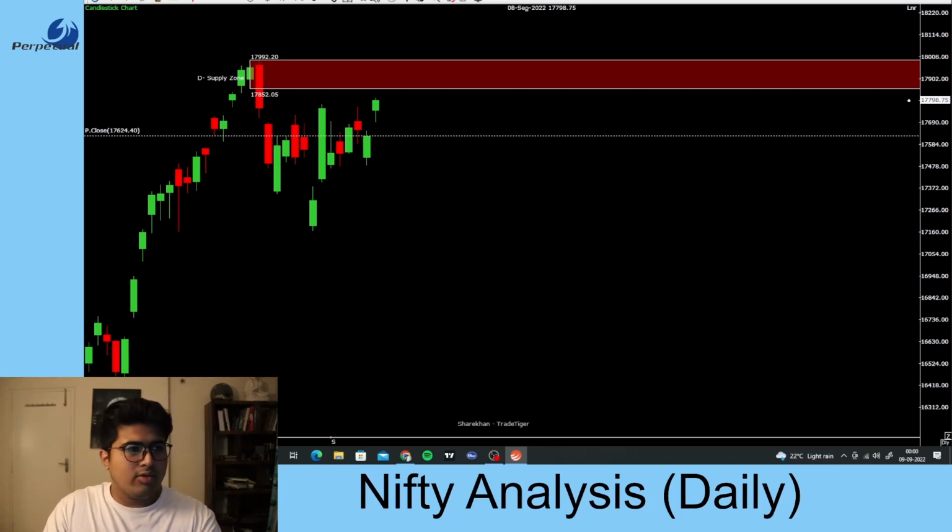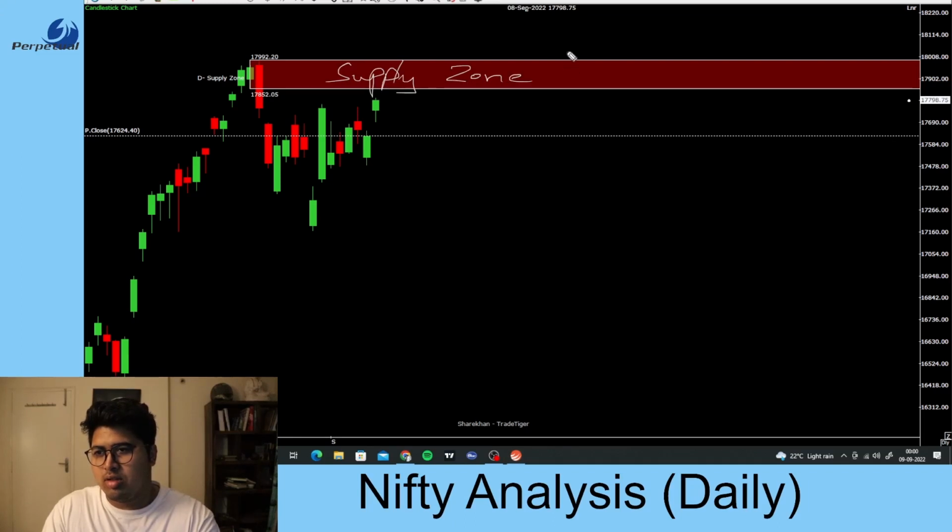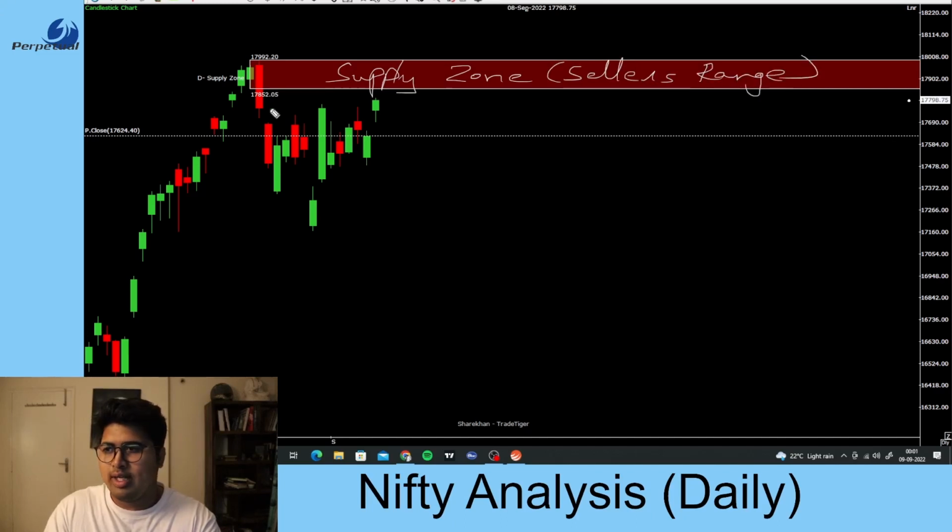So what kind of a zone is this, you might ask? This is a supply zone. In a supply zone there are many sellers sitting at this price range, right?